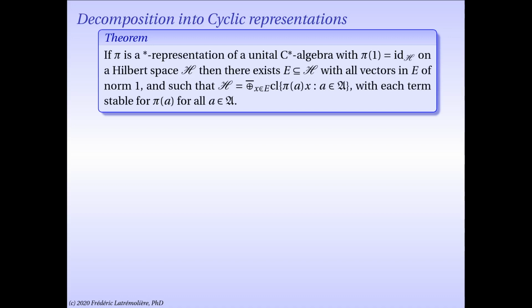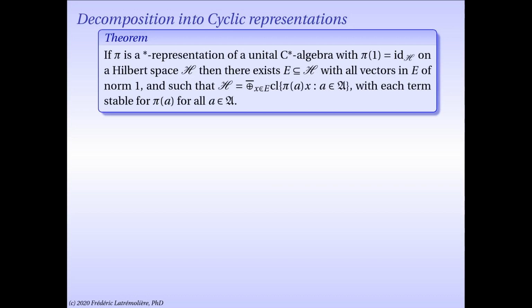Moreover, as can be more or less seen immediately, if you pick A in your system algebra, pi of A leaves each of those summands in this sum stable, so it maps that summand to itself. And so in other words, you could write pi of A as a sort of diagonal action, which really acts on each of those summands separately.